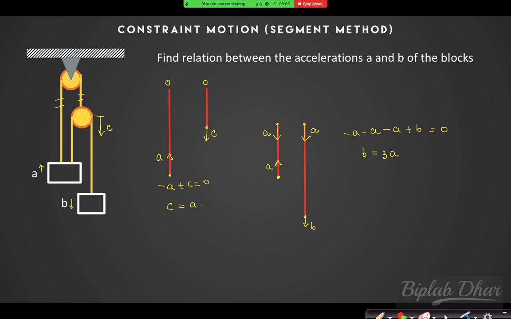Tell me if you have not understood any part of this solution. Sir, the second part, can you please explain? I have taken the second string, two segments of it.